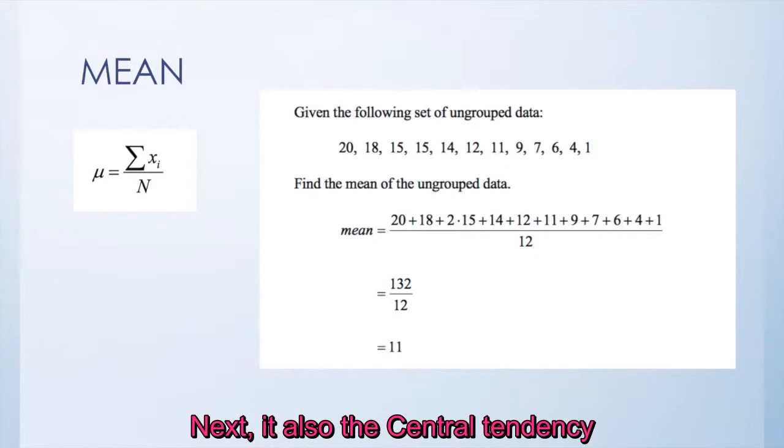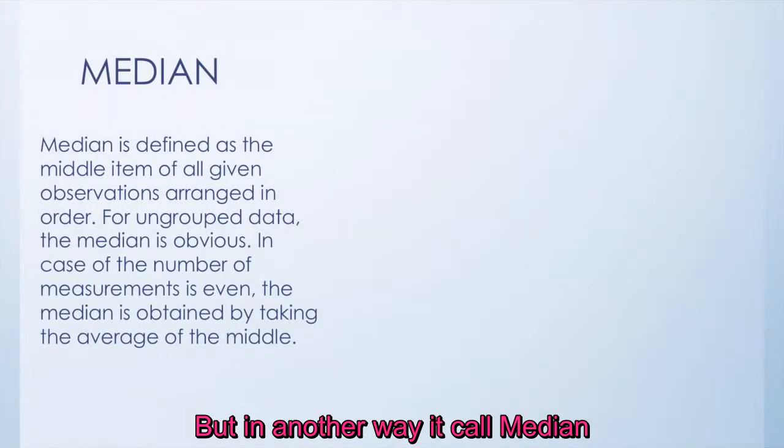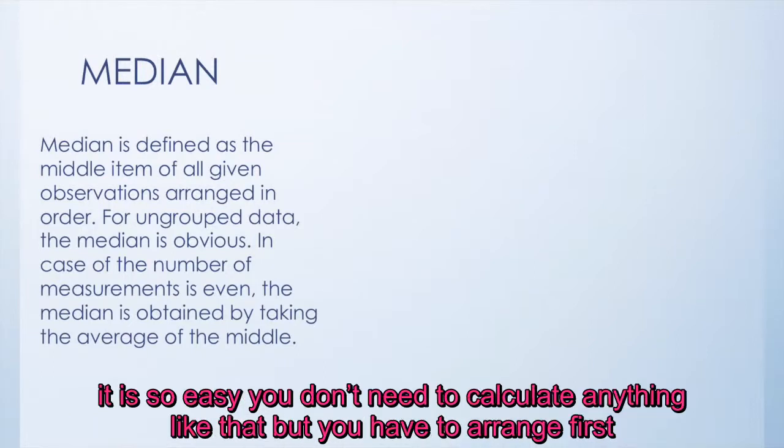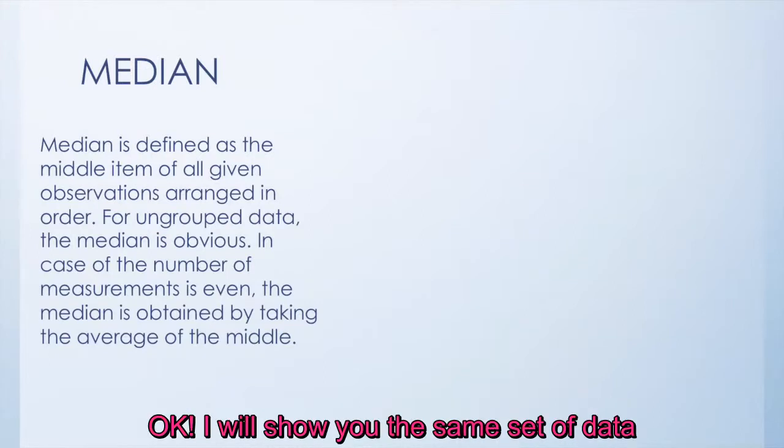Next is also a central tendency, but in another way, called median. Remember, when you want to find the median, it is not hard, it is so easy. You don't need to calculate anything, but you have to arrange the data first from the minimum to the maximum. I will show the same set of data.